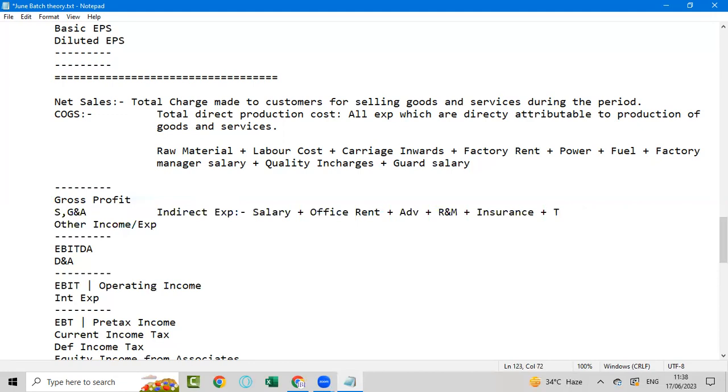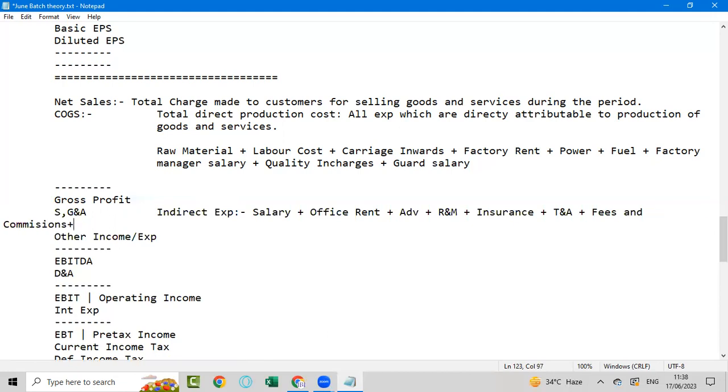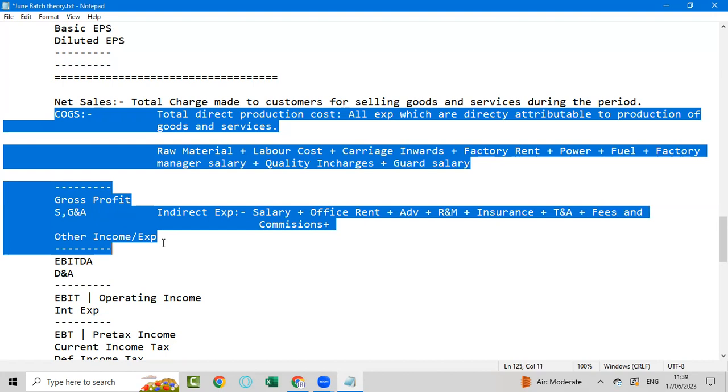Now, travel and allowance, fees and commissions. And then you can put depreciation here in SG&A or COGS also, but we have a separate item for that. Practically, companies can put these two items in COGS and SG&A, and they do that.